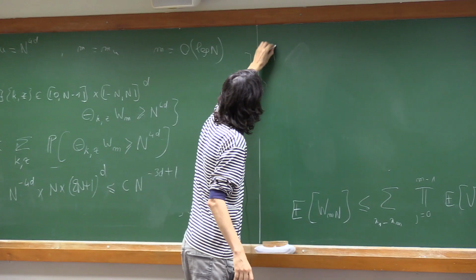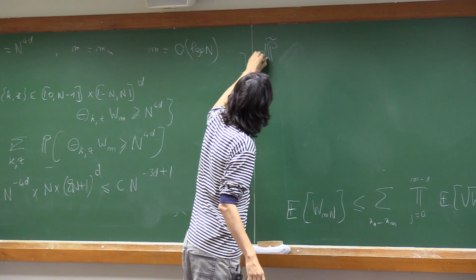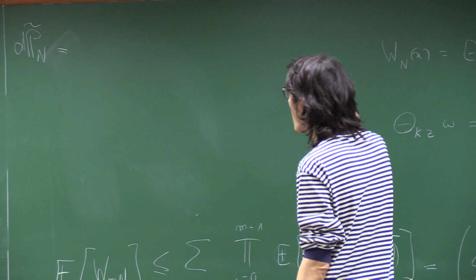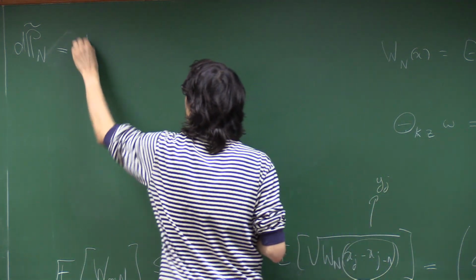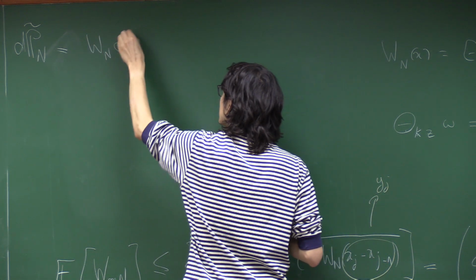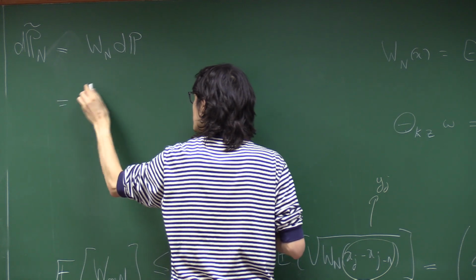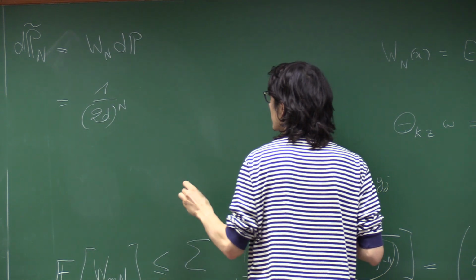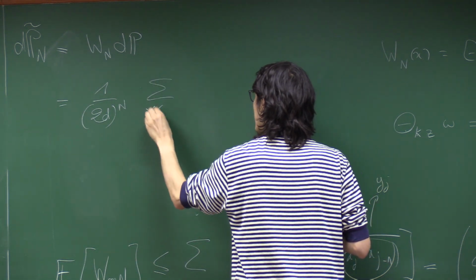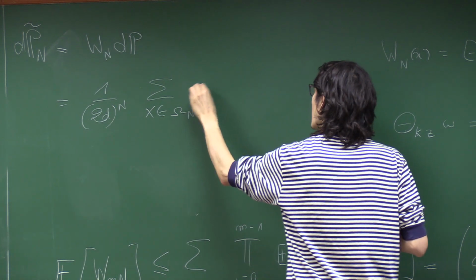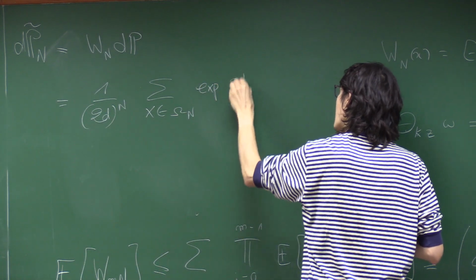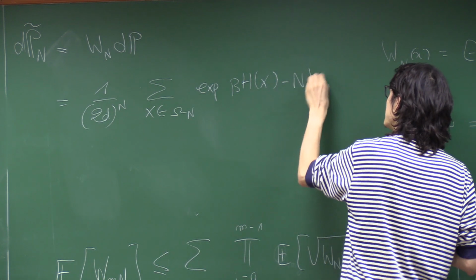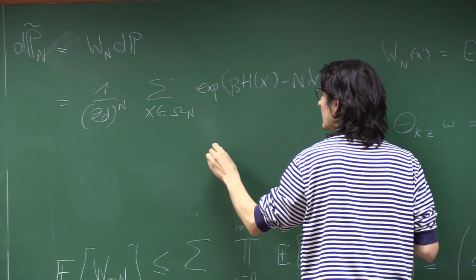If you look at Pn, it's Wm dp, and you can rewrite it as 1 over 2d to the power n times the sum over x in omega n times exponential of beta h x minus n lambda beta, times dp.